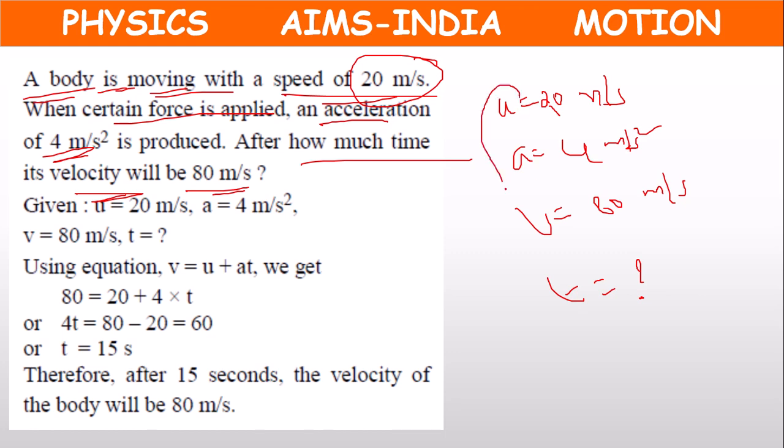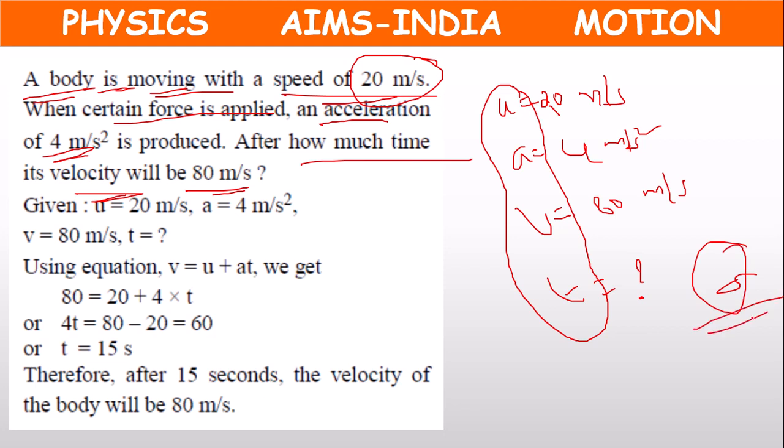So the equation of motion involving these 4 quantities without involvement of s is v equal to u plus at. Let's substitute the values. 3 values are known, 1 value is unknown. Let's substitute the known values. 80 equal to 20 plus 4 into t.